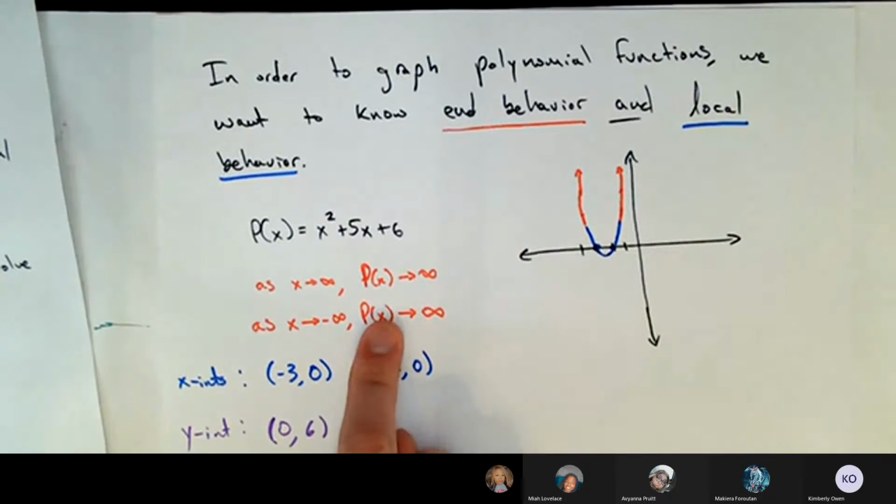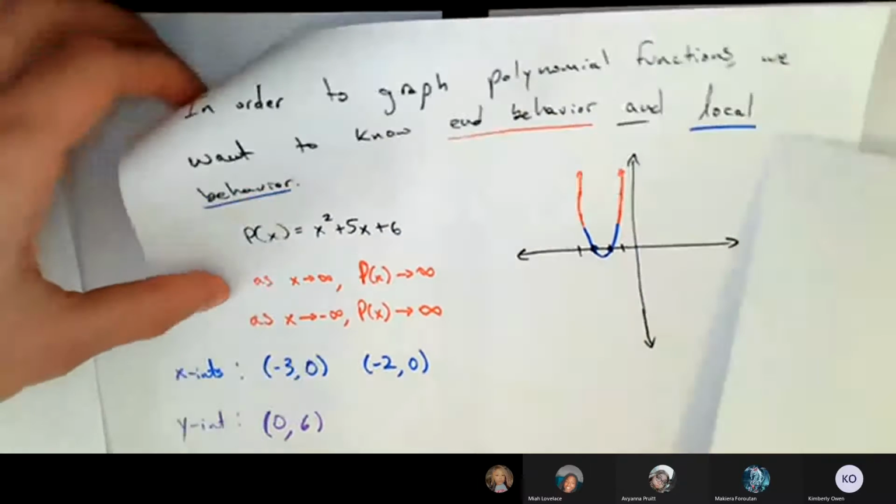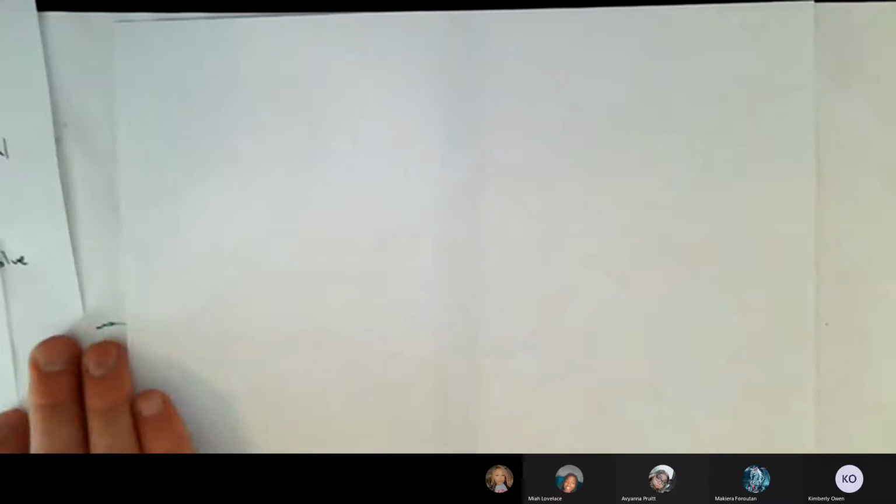So the behavior near infinity, telling you which way the legs should point, and the local behavior, in other words, the x-intercepts. Okay, so that's a sum up of what we've done so far and the motivation for looking at these graphs from these two different perspectives.